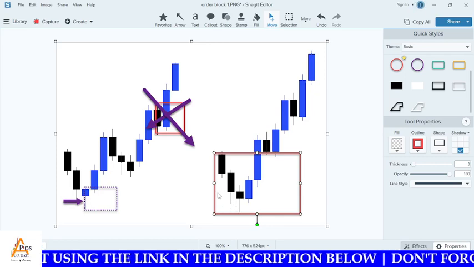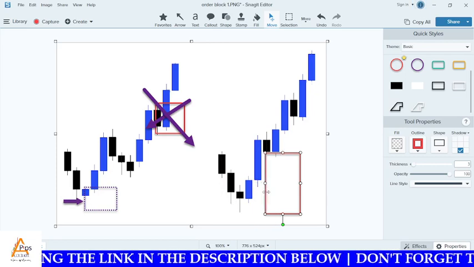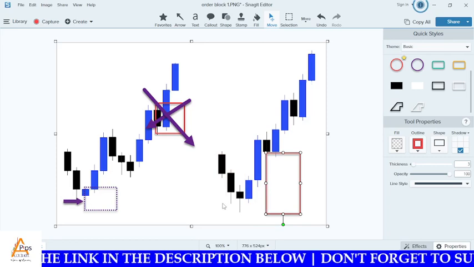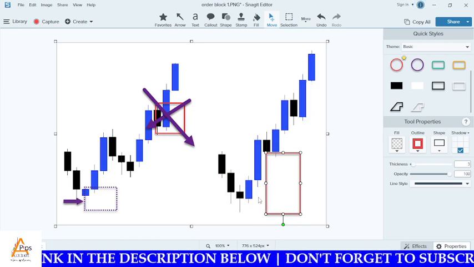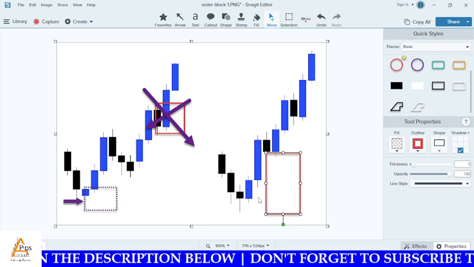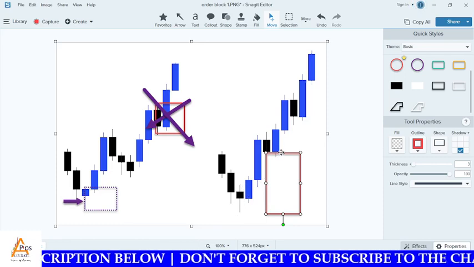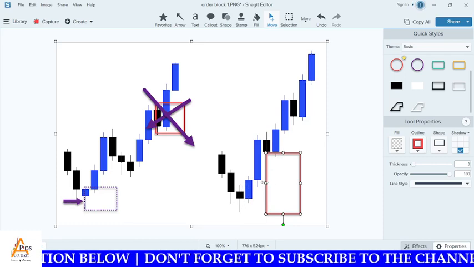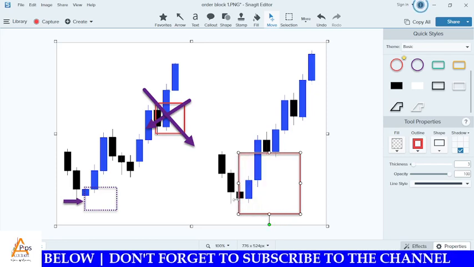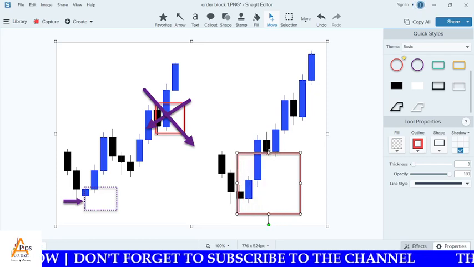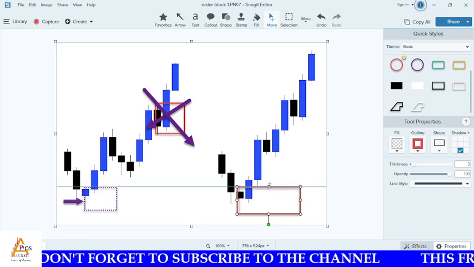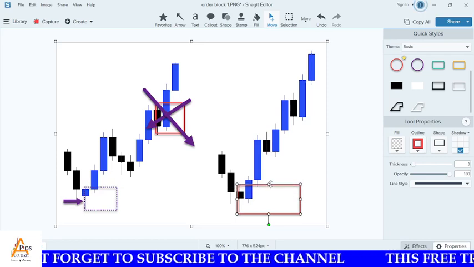This guy took the low of this candlestick, so it means we are looking to mark our order block here. Good. Now we can mark this order block, all right, but it is not a valid order block.